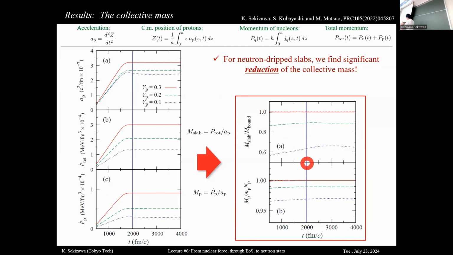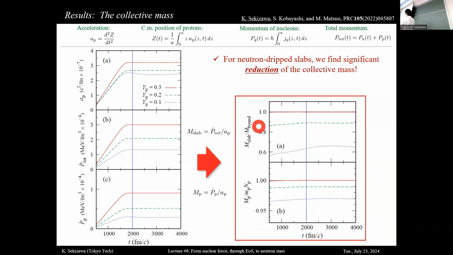By analyzing this acceleration, we can deduce the mass of the slab, and I take the ratio to the number of bound neutrons, which was calculated by looking at the energy. We have this kind of potential, and we can count the number of neutrons which may be bound according to the single particle energy.